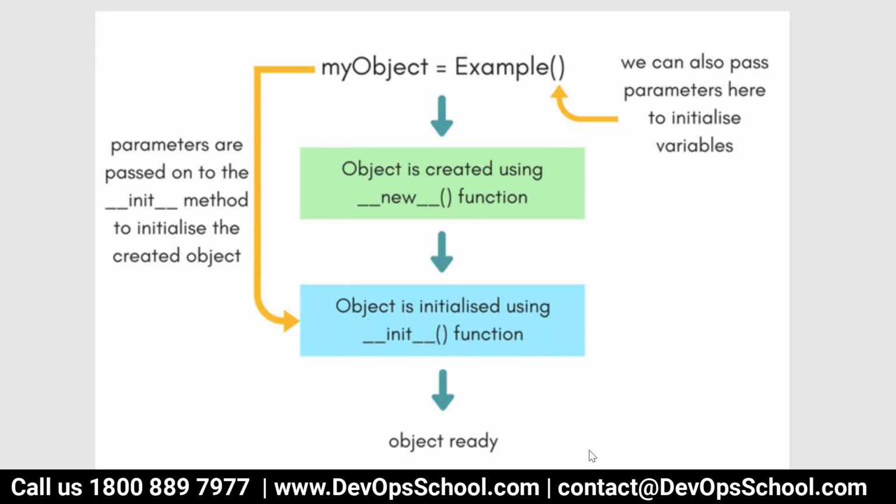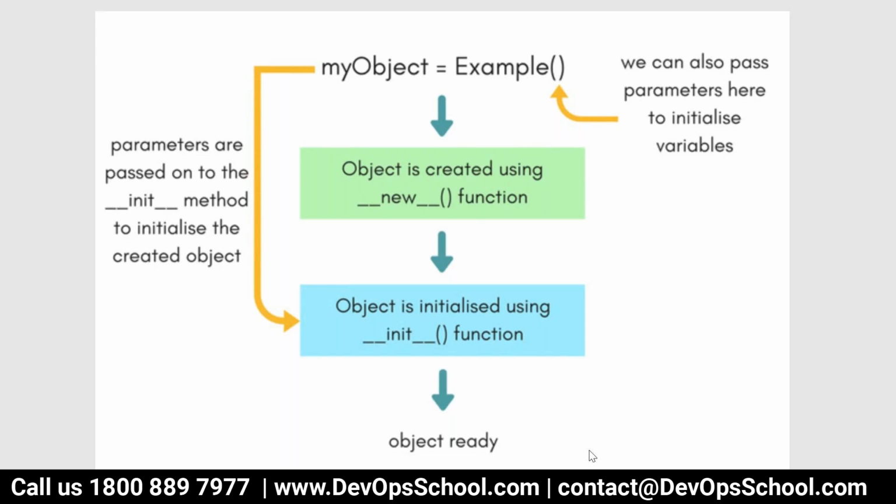Here you have the new constructor and then the init constructor. Whenever you call that and create an object, all of this happens. So the object is created using the new function, and then the object is initialized using the init function.